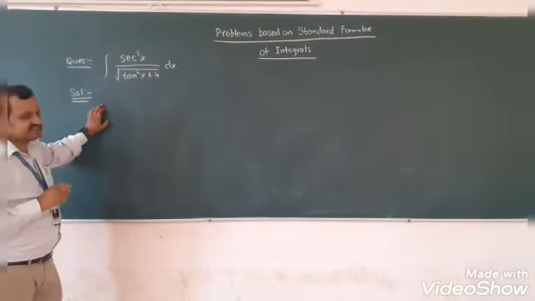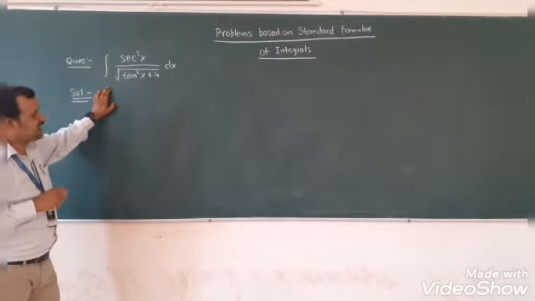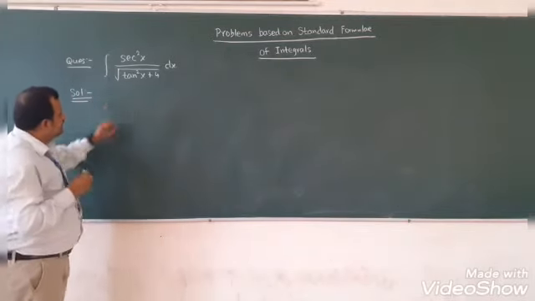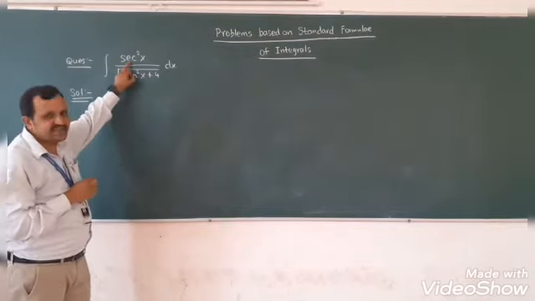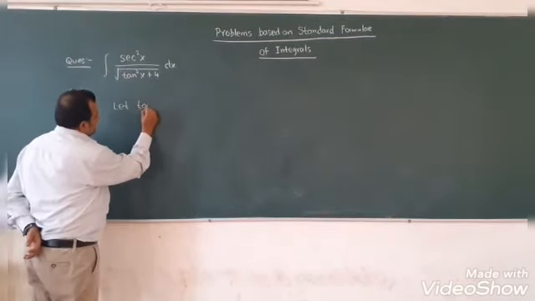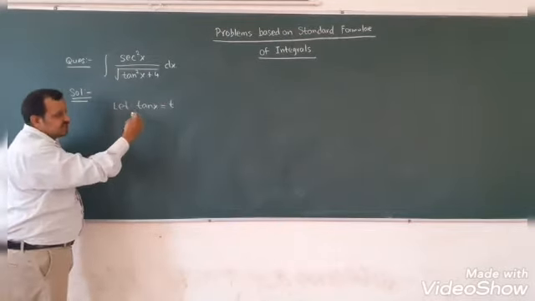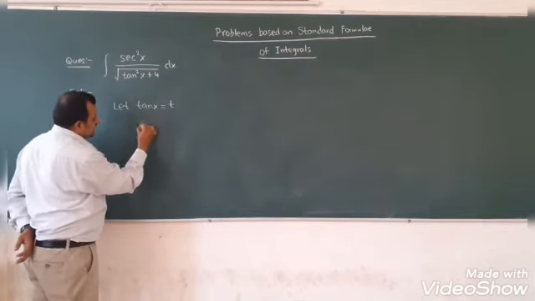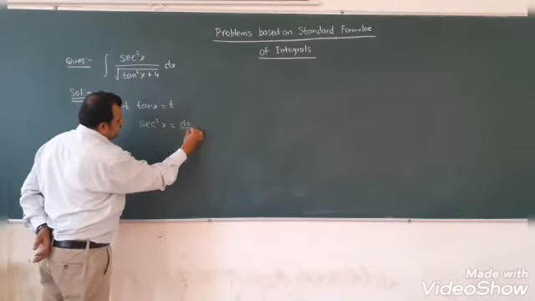The next question is integral of secant square x divided by root over tan square x plus 4 dx. Now you can see here tan x is here, and what is the differentiation of tan x? Secant square x. So what I can do here is I am assuming let tan x is equal to t. Differentiate both sides with respect to x. So secant square x is equal to dt by dx.